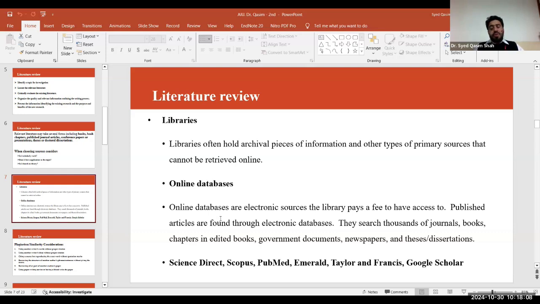Once we pay this fee, or if the institution has bought it, we can easily use these databases for our literature review. And lastly and finally, Google Scholar, freely available. You can use Google Scholar to search. You can come up with different tools and techniques for how we can exactly find our literature review. So these are the different databases available for you to conduct your literature review.